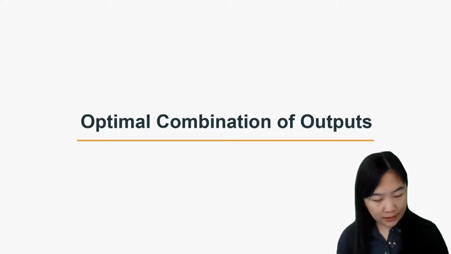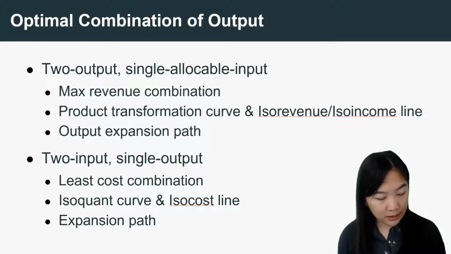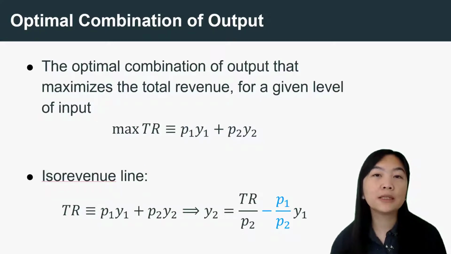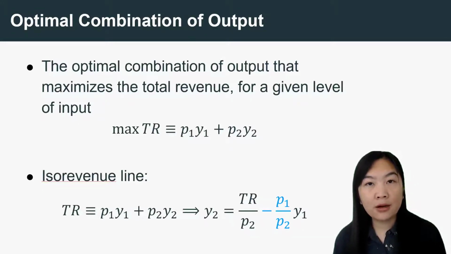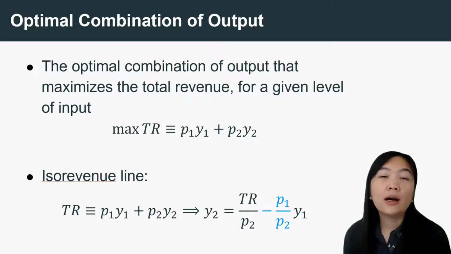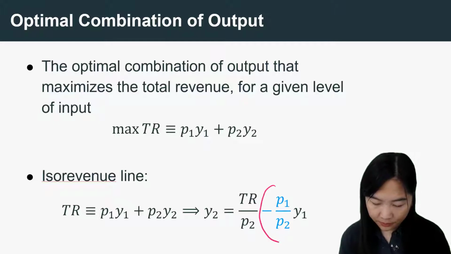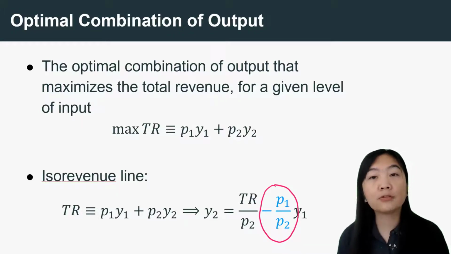I think we covered this last time, which is a little bit of a summary of what we're going to do. And we stopped here last time when we explained what the optimization problem is and what the iso-revenue line is. And I did draw in the graph what the slope of the iso-revenue line is. Here, the slope is minus P1 over P2.